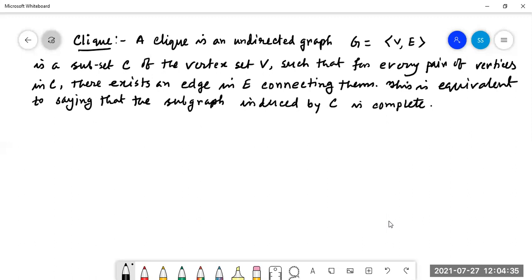So each and every pair of vertices is connected by one edge coming from that capital E. Then C is called a clique.